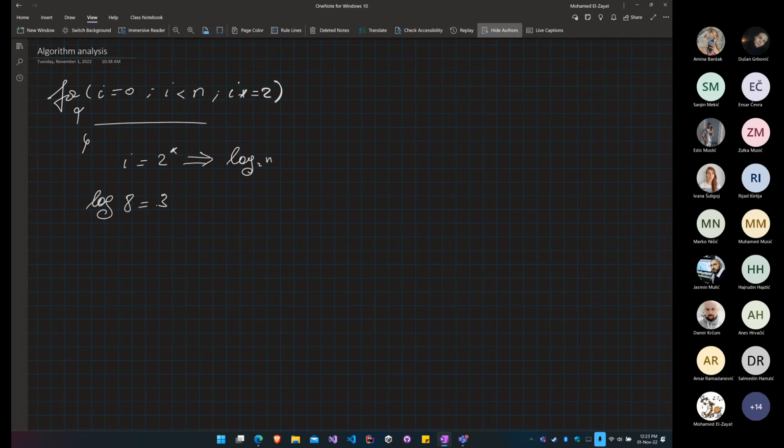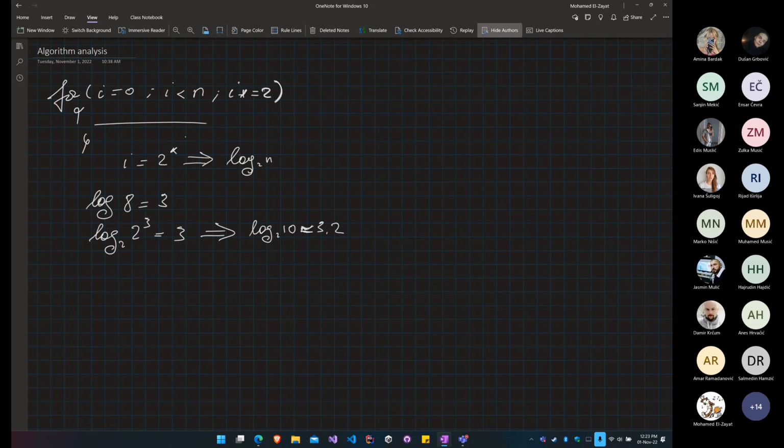When you calculate the log for this guy, it can be written as log base 2 to the power of 3 equals 3. And when you convert log base 2 of 10, it equals approximately 3.2 or something like that.